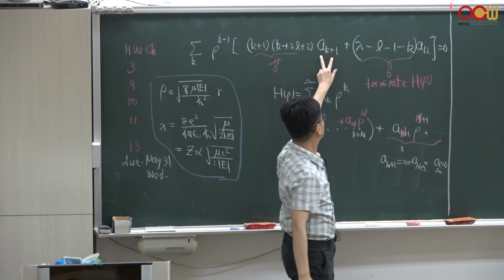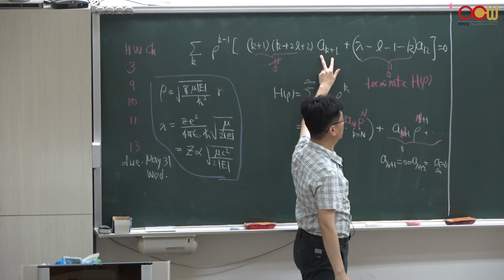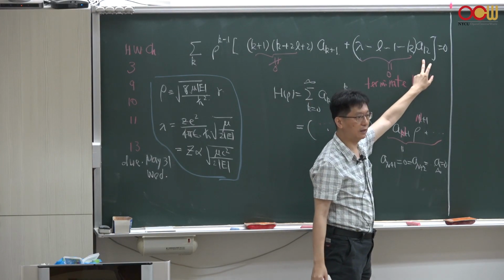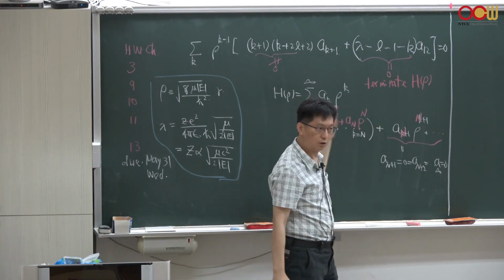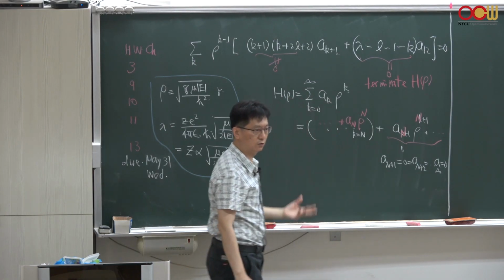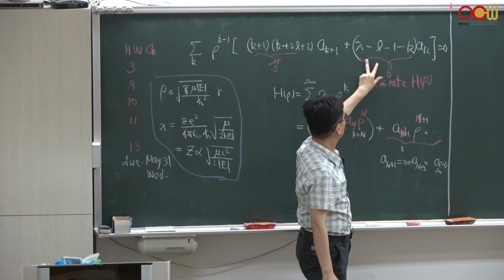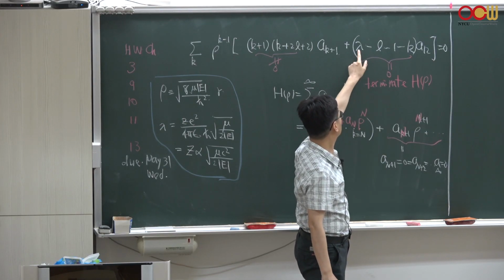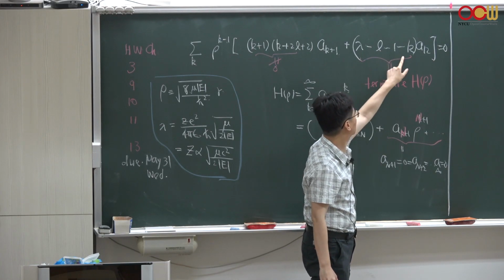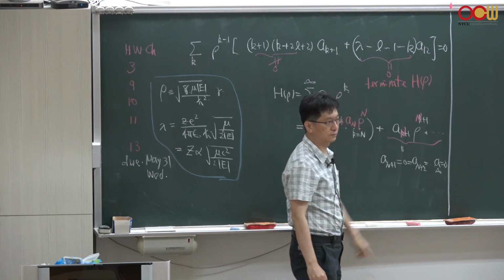And we don't know whether this a_{k+1} could be 0 or not. Suppose a_k is finite. The only way that you could make this coefficient 0 is to demand that this bracket, which contains lambda minus L minus 1 minus k, vanish.